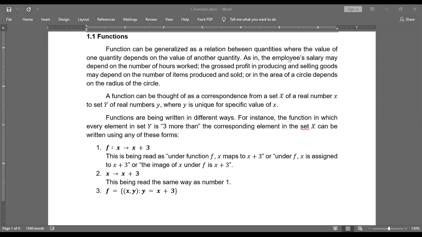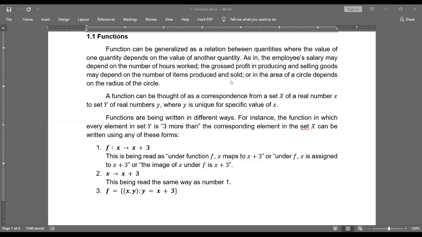As in, the employee's salary may depend on the number of hours worked. Of course, the more hours worked, the higher the salary. The gross profit in producing and selling goods may depend on the number of items produced and sold. Of course, the more items produced and sold, the higher the profit the company will get.